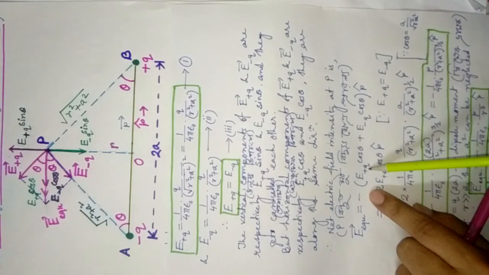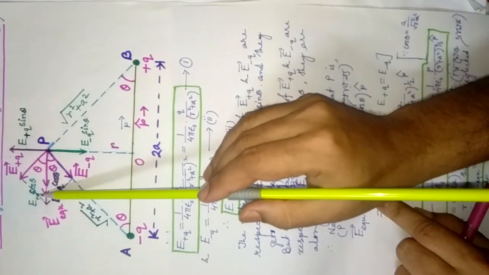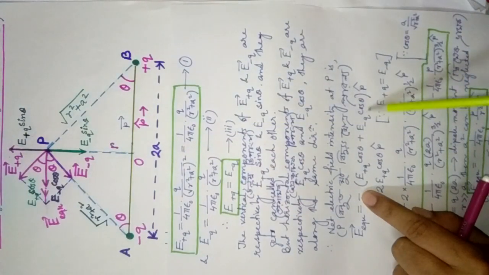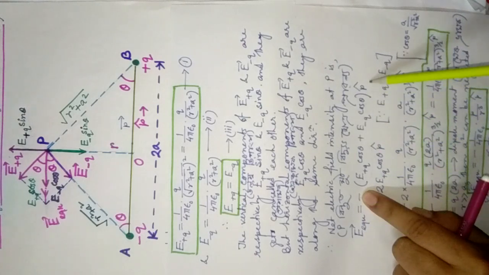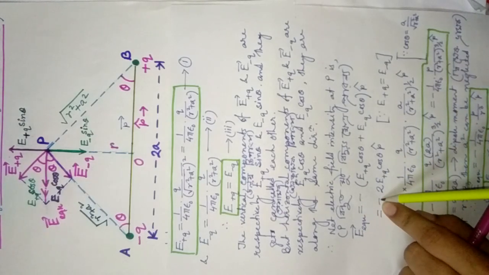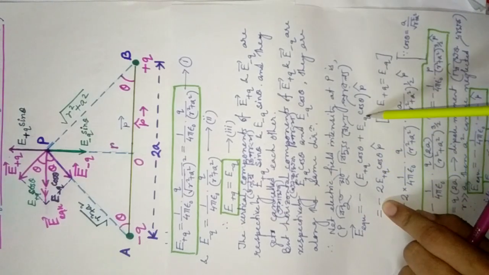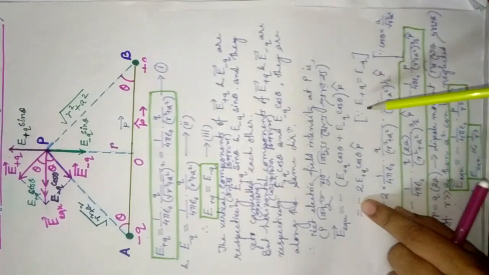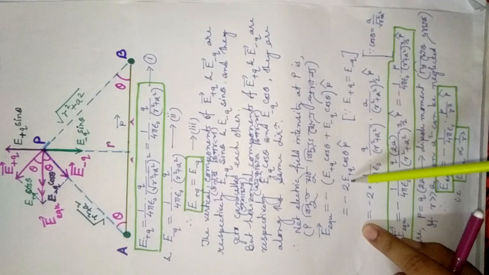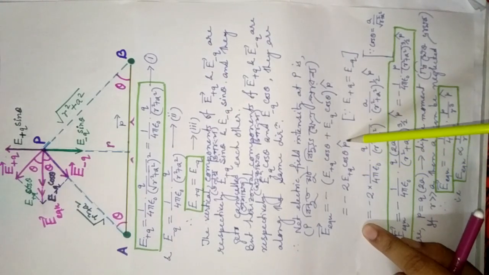Now see, the net electric field is E₊q cos θ plus E₋q cos θ. Since this is the magnitude and this is the vector, you have to multiply by a unit vector. Since the unit vector and this one are opposite, that's why I have put a minus here. Since E₊q and E₋q are exactly equal, instead of E₋q you can write E₊q. So it is twice E₊q cos θ P cap.